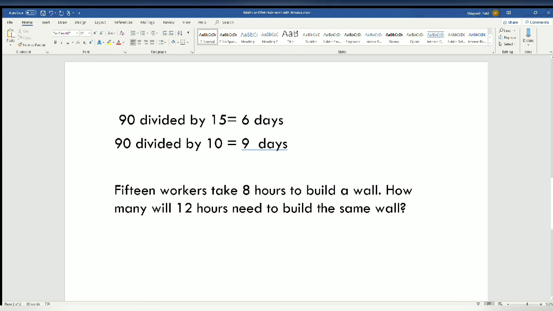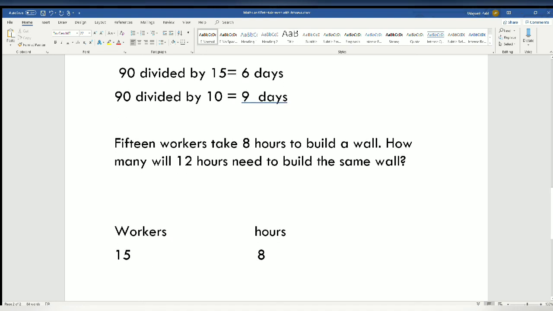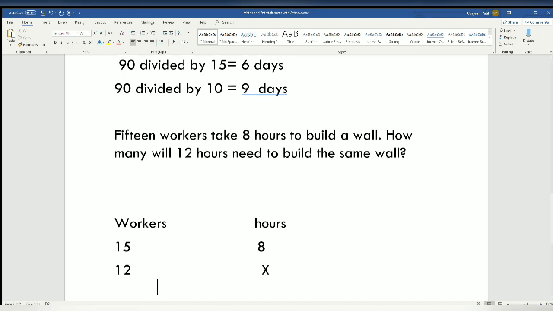So let's take workers on one side and hours on the other. In workers, we will write 15 and in hours, we will write 8. And in workers, we will write 12 and here we will write x, and capital X means the variable.